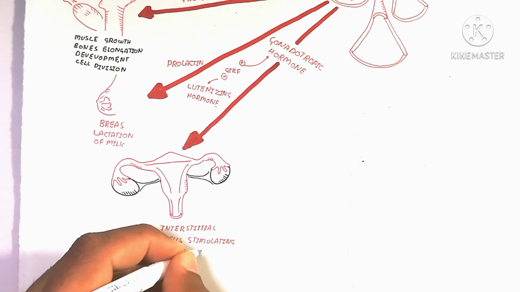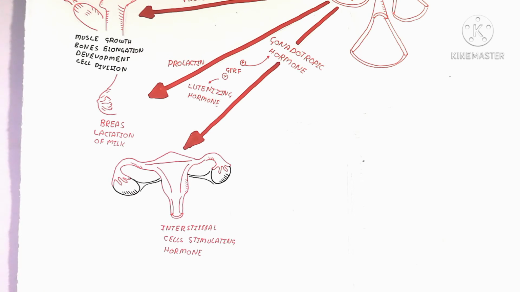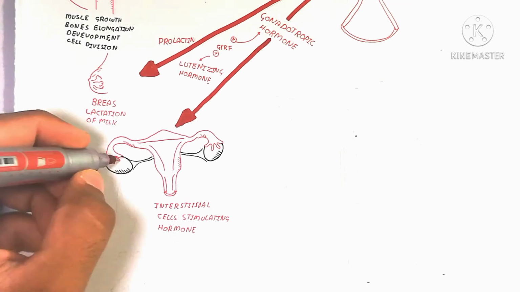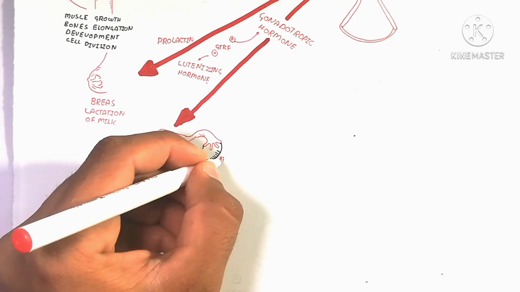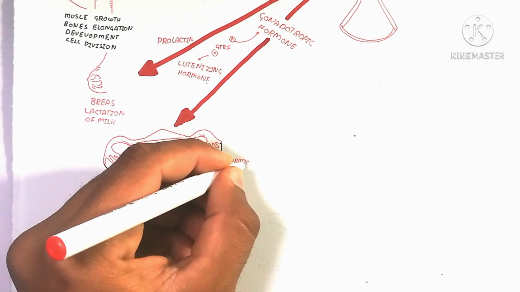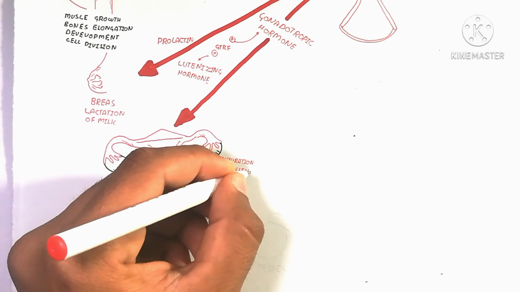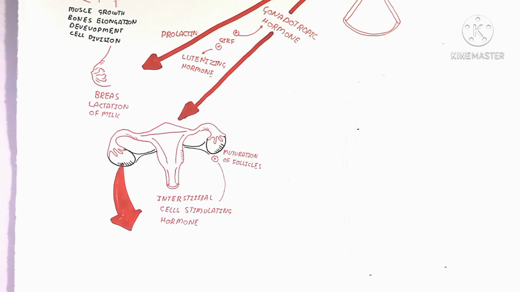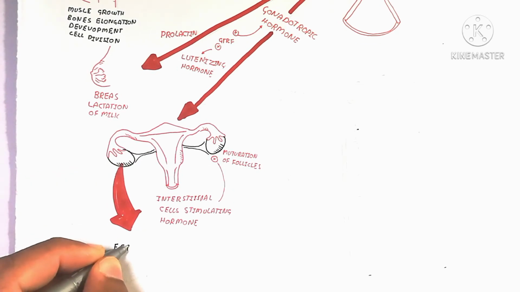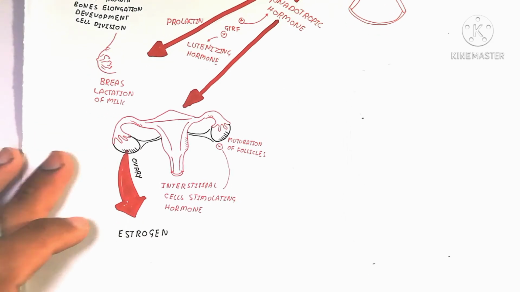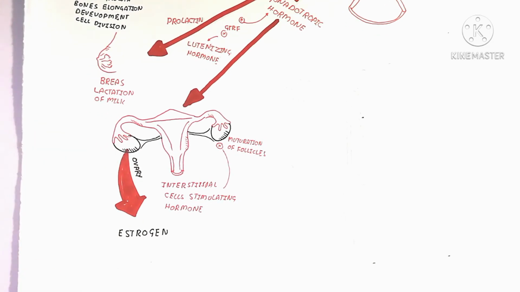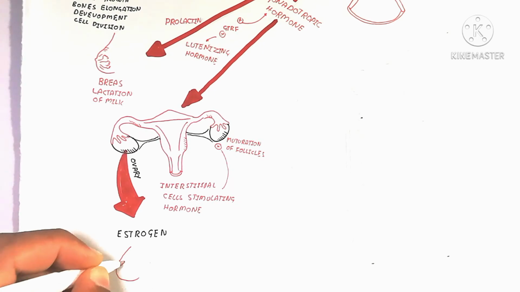There is also the interstitial cell stimulating hormone, which stimulates the ovary to mature follicles and release them in the form of an egg, and the fallopian tube carries this egg by ciliary movement. That is all about that.